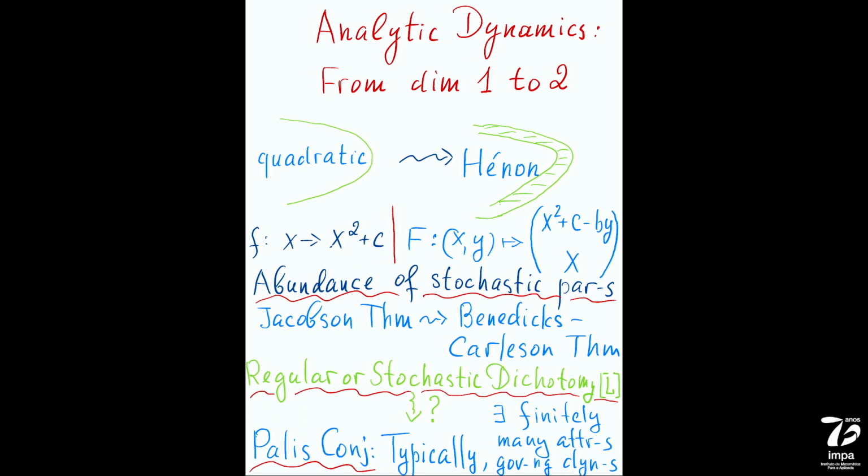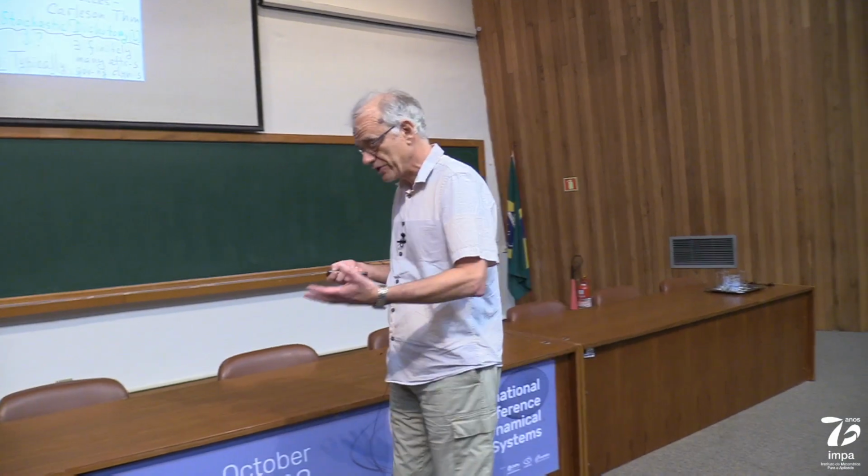So now we can upgrade the one-dimensional theory to the regular or stochastic dichotomy that I proved some time ago, which says that in the quadratic family, for almost any parameter, the corresponding quadratic map is either regular or stochastic. The former means that it has an attracting cycle which attracts almost all orbits.